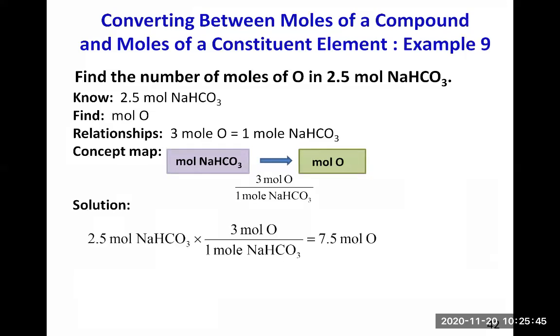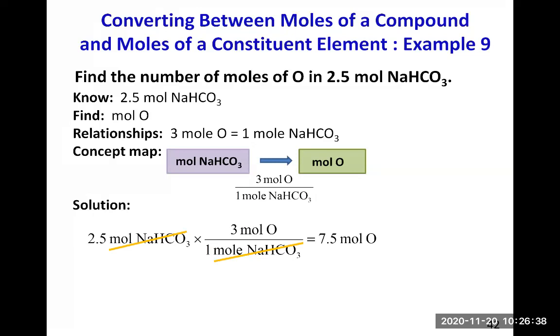So we have 2.5 moles of sodium bicarbonate as our given amount. We will multiply that by the conversion factor of 3 moles of oxygen over 1 mole of sodium bicarbonate. We write it this way because then we can cancel the moles of NaHCO3, the units.